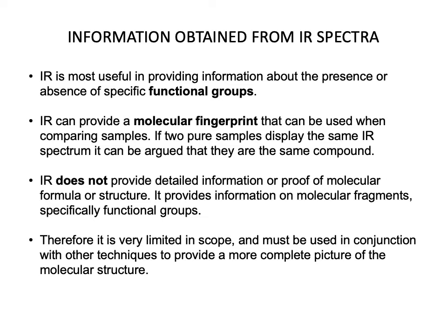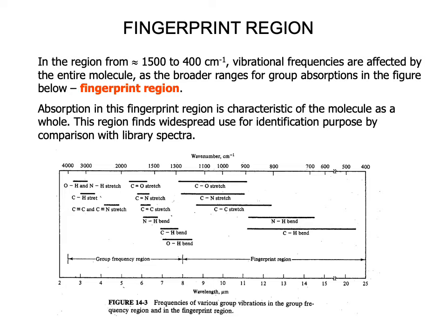It shows the fingerprint of each organic molecule. IR does not provide detailed information, you should remember, and the scope is really limited. Here is a brief display of the IR absorption, and as mentioned, it can be used as a fingerprint in the range of 600 to 1400.